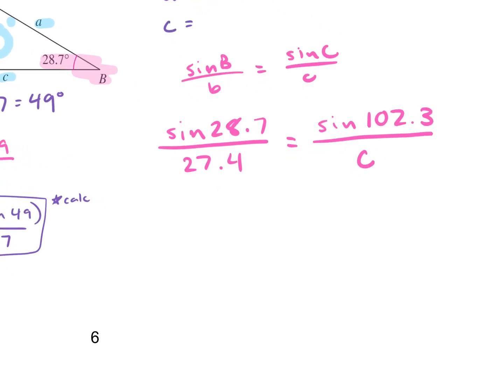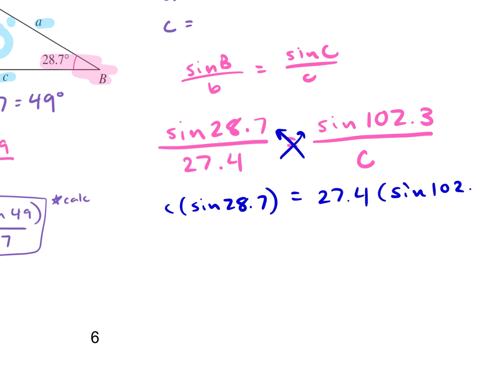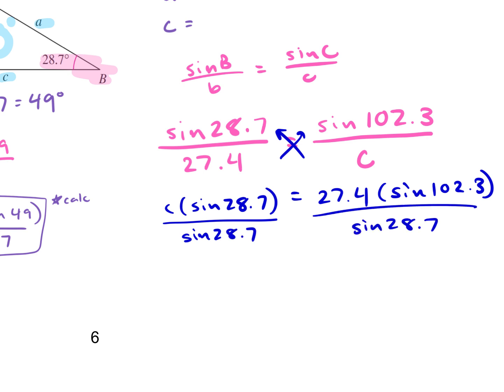So same thing we did in the last one, we want to cross multiply. So C times sine of 28.7 is equal to 27.4 times sine of 102.3. And then we can divide both sides by sine of 28.7.